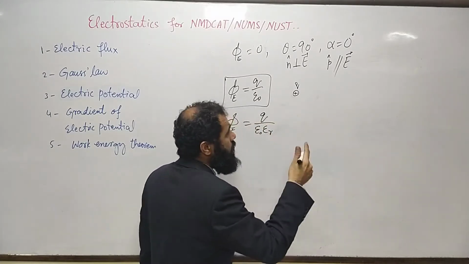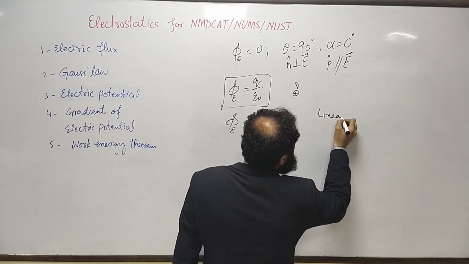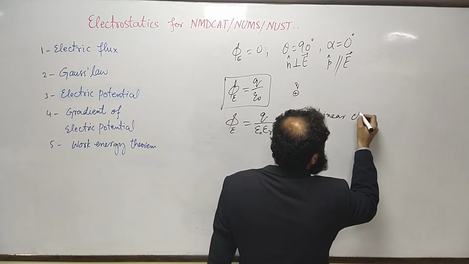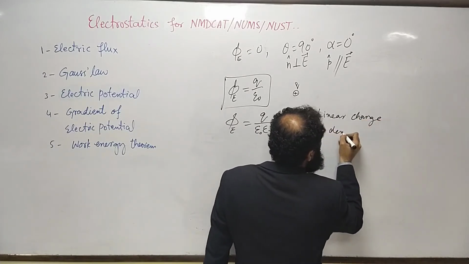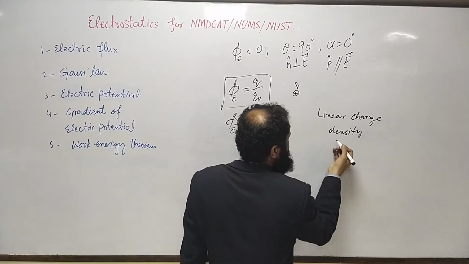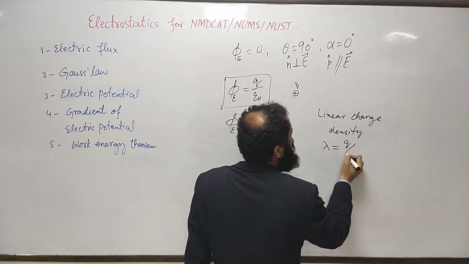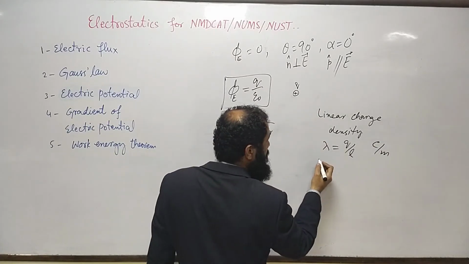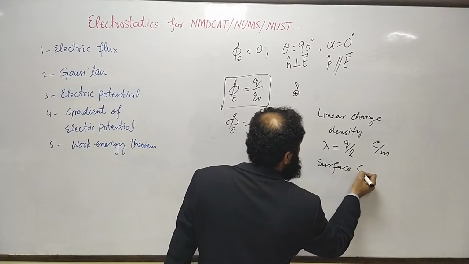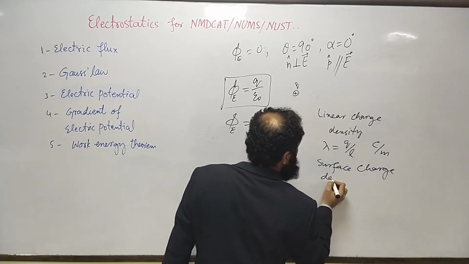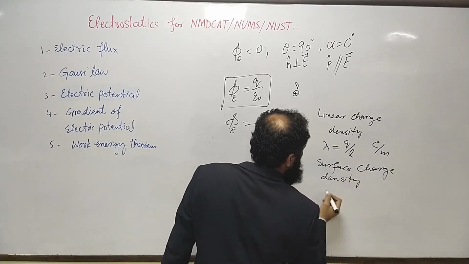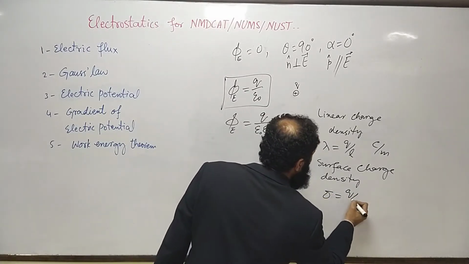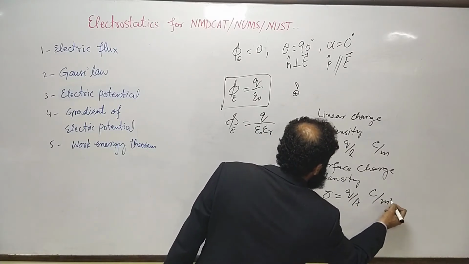The density of charges: it may be linear charge density if charge is distributed along a line, and that can be represented by lambda, and it is q divided by L, having units of coulombs per meter. And then we have surface charge density, which is represented by this small sigma, and that is charge per unit area, so coulomb per meter square.